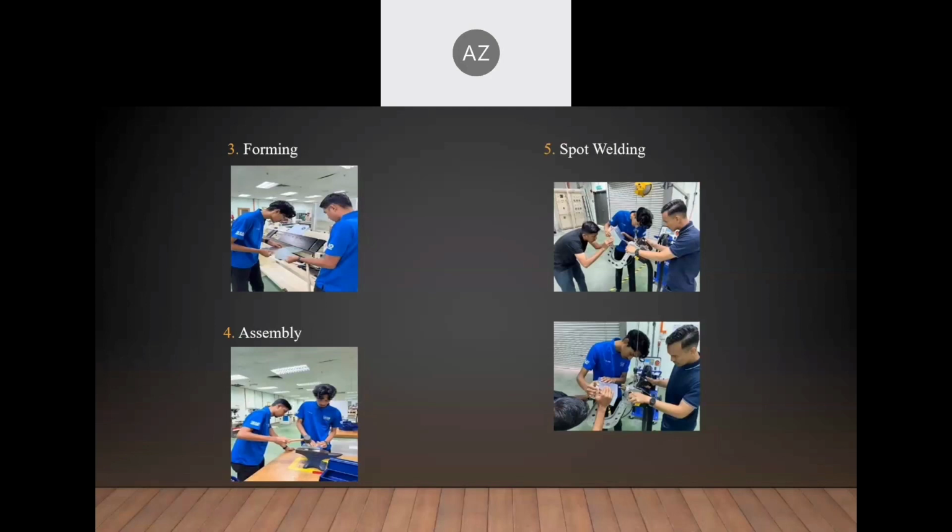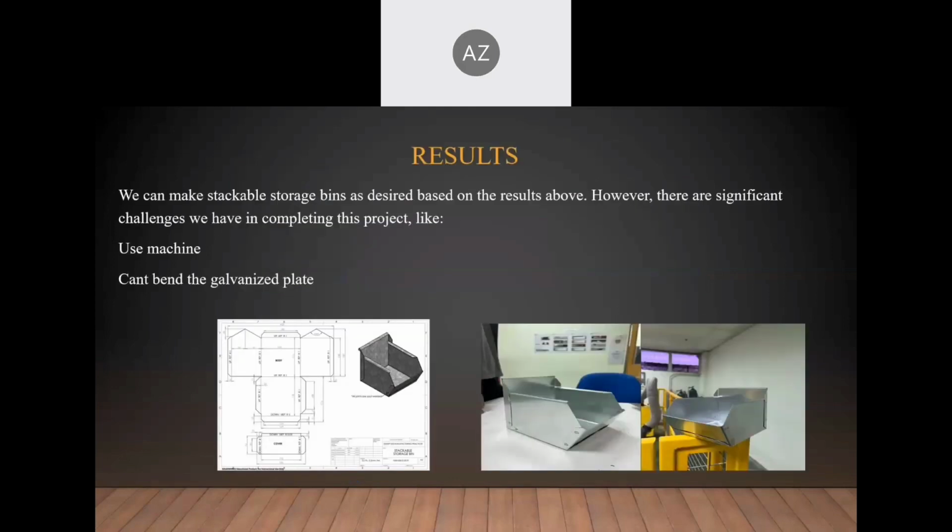Number 5, spot welding. Spot welding is a process in which metal surfaces are joined by heat generated from resistance to an electric current. Result: we can make the stackable storage bin as desired, based on the result above.